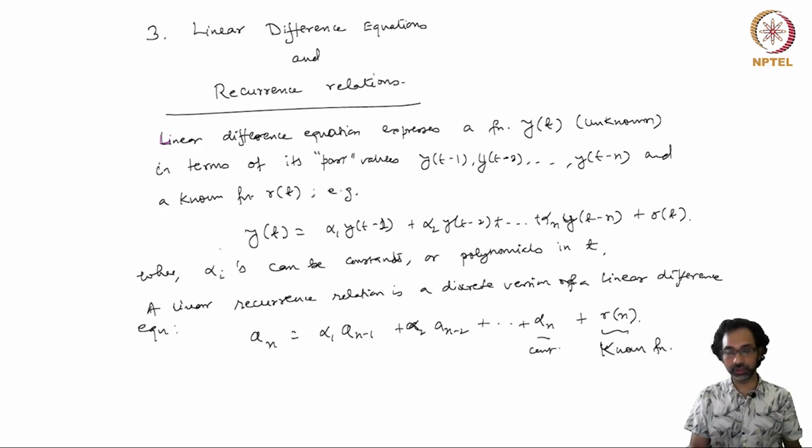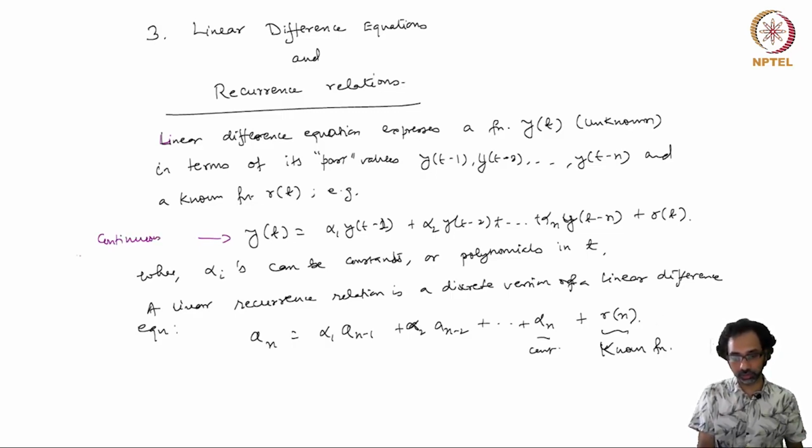So in the first instance, this is an equation in a continuous variable t, while the linear recurrence relation is in the discrete variable n.